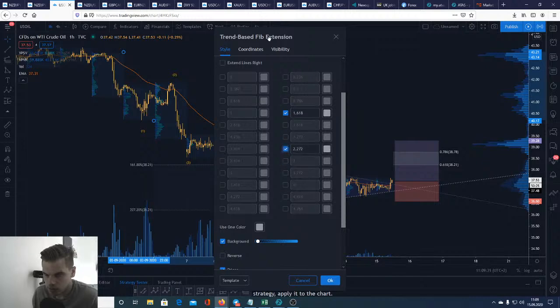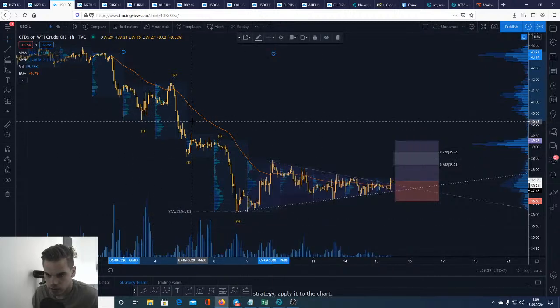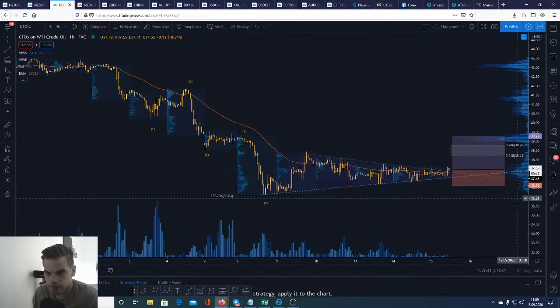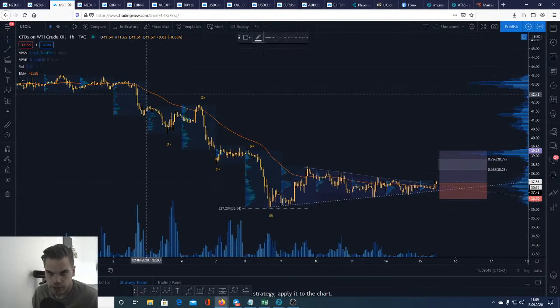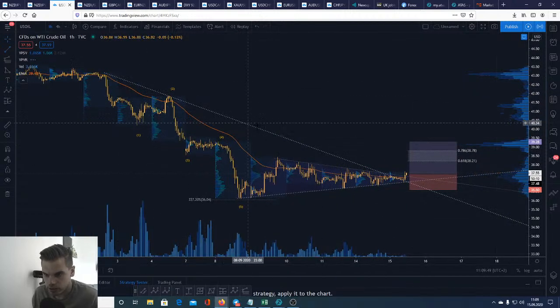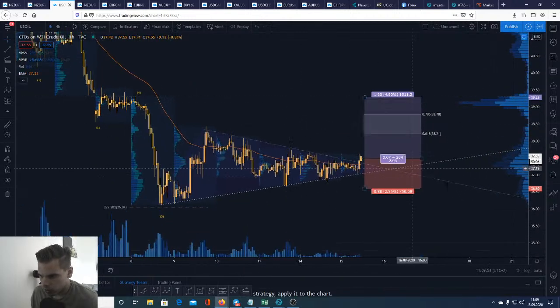This is the 227 extension level here. 1 2 3 4 5. The break, or not yet. Yeah, the break here of this trend line. We don't need that one.